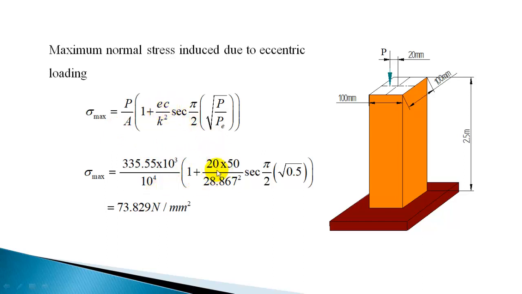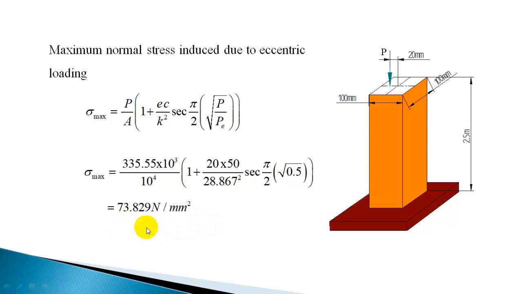Eccentricity is 20. c is the maximum distance to the outermost fiber in the direction of buckling, so that is 50 mm. That is substituted, and k is the least radius of gyration, 28.867, into sec of pi by 2 into root of 0.5. Which will give the maximum normal stress as 73.829 Newton per mm square.